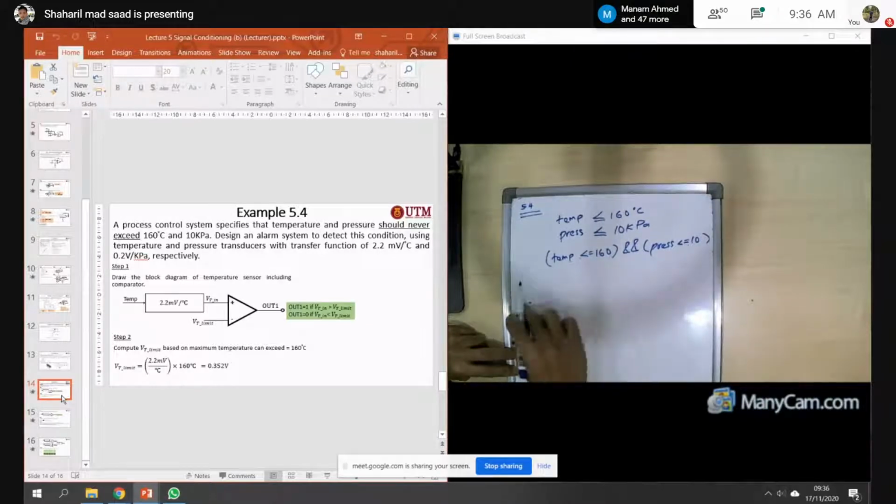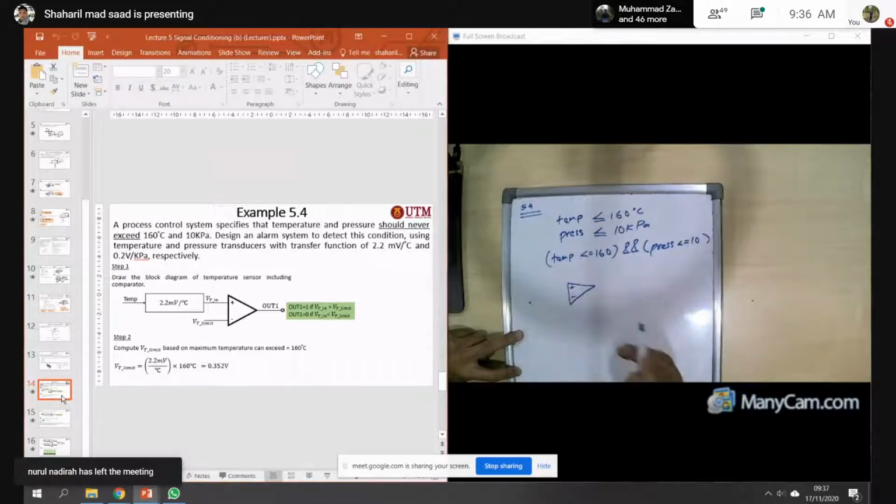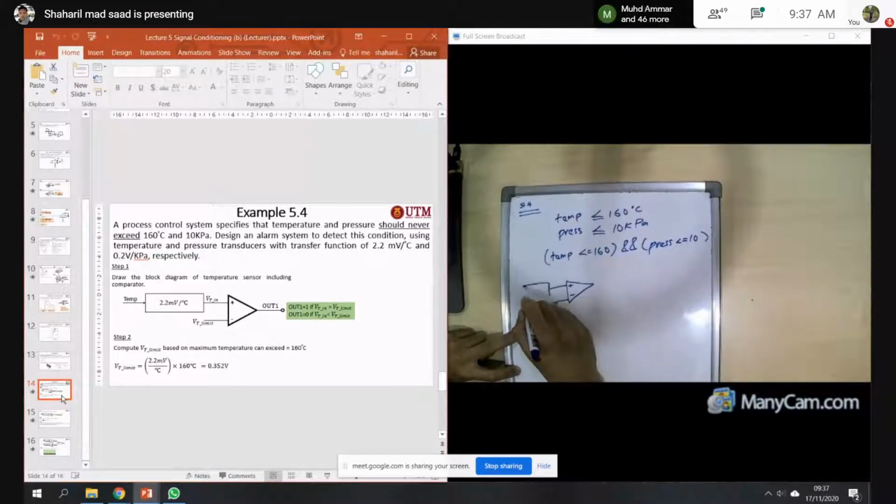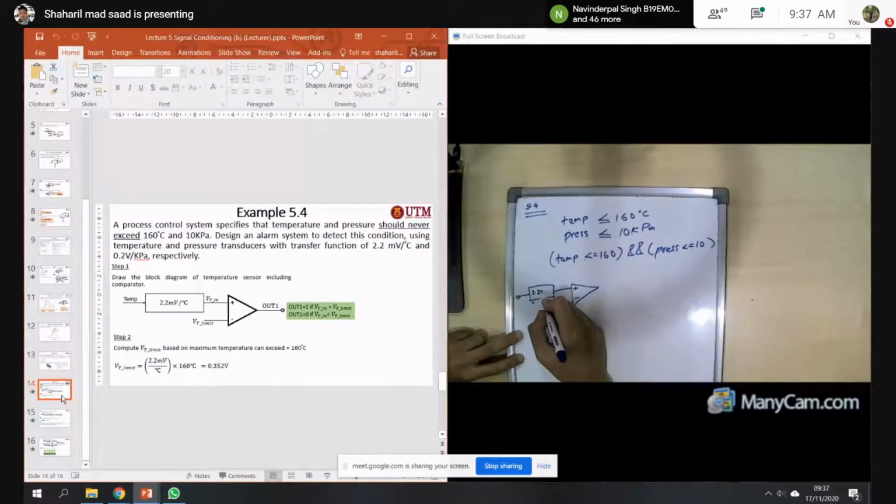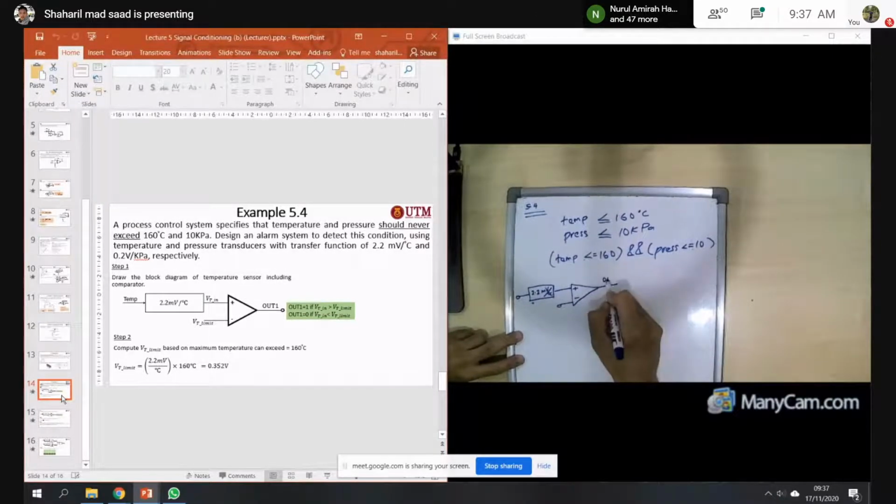Now we want to design the alarm system. Let's start with the first transducer, positive minus. For the temperature, we call it the transfer function, millivolt over degree. Then we get the first output, output 1.